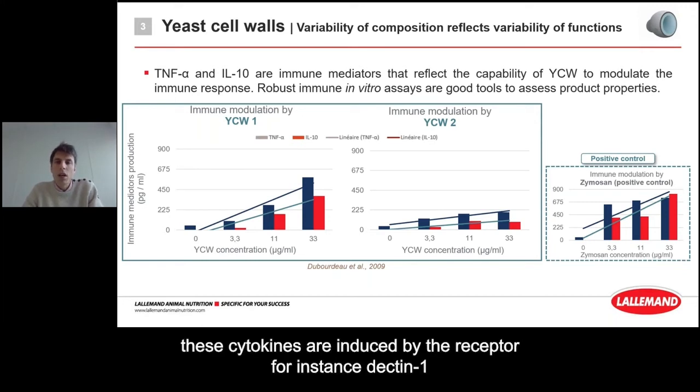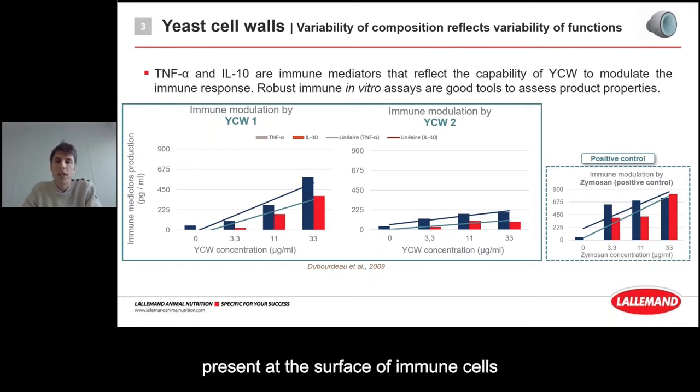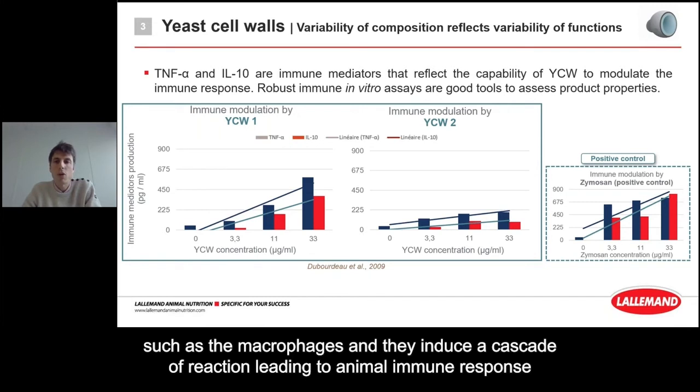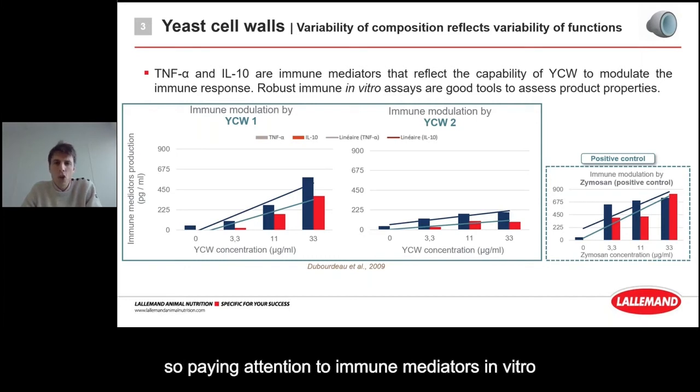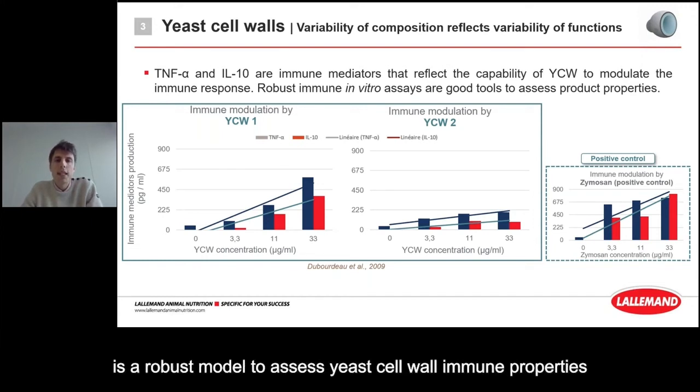These cytokines are induced by the receptor, for instance dectin-1, present at the surface of immune cells such as macrophages, and they induce a cascade of reactions leading to animal immune response. So paying attention to immune mediators in vitro is a robust model to assess yeast cell wall immune properties.